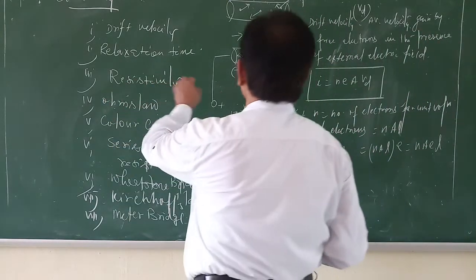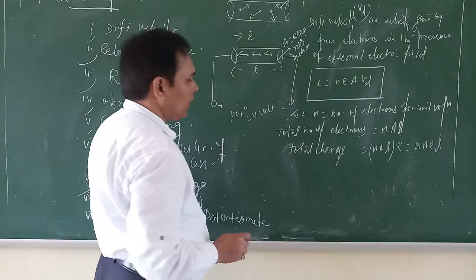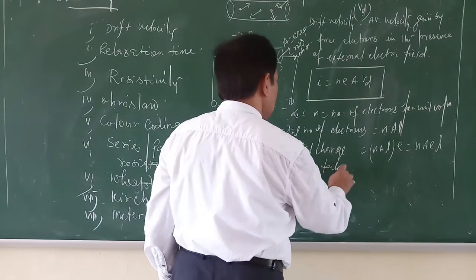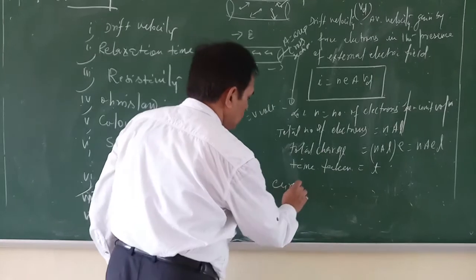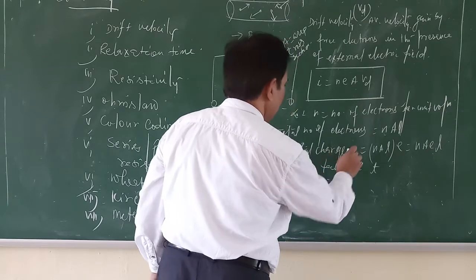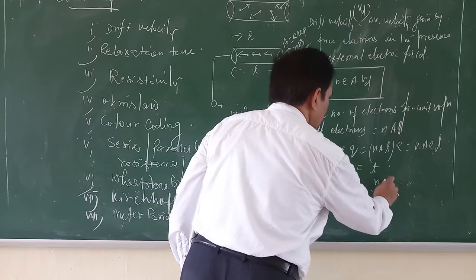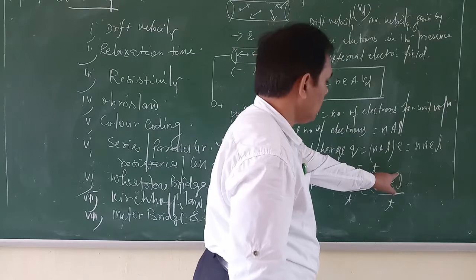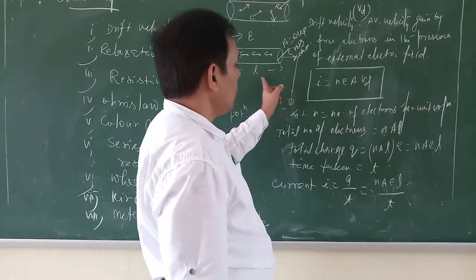And let the time taken by the electrons to cross the length L be T. So the current flowing through it, I equal to charge Q by time T, so this is nAeL by T. L by T is length per unit time, which means drift velocity.